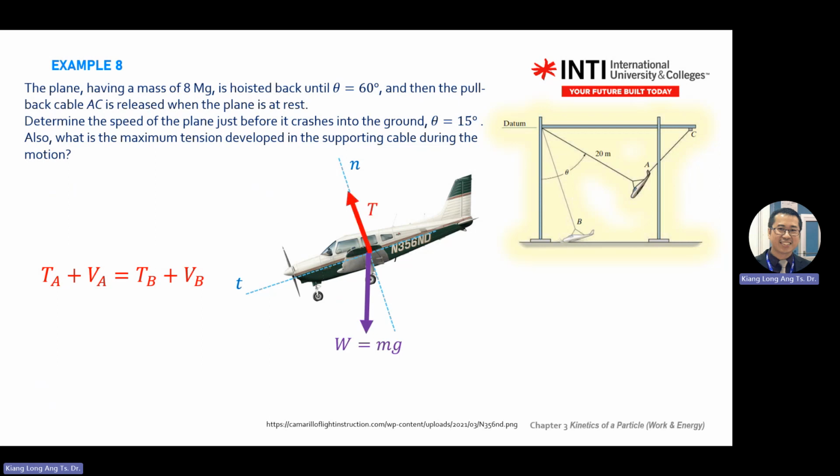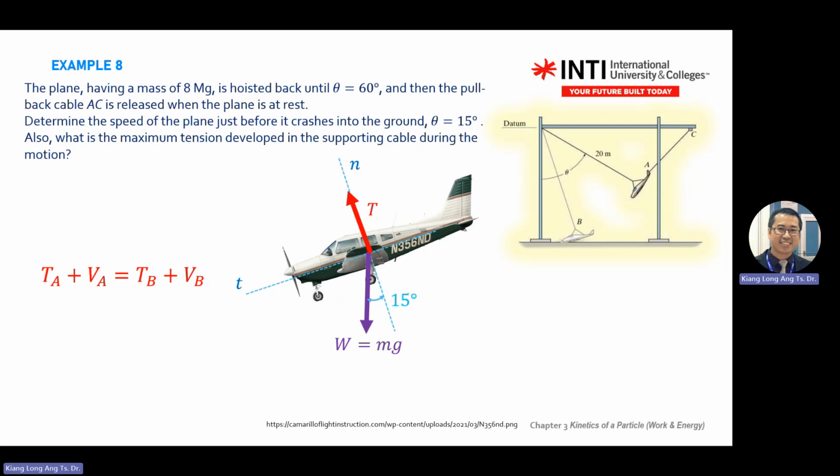There's a tension cable in the normal direction, T, with 15 degrees during the crash. At position A, theta will be 60. When it crashes, theta becomes 15.